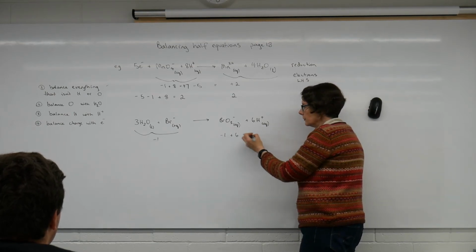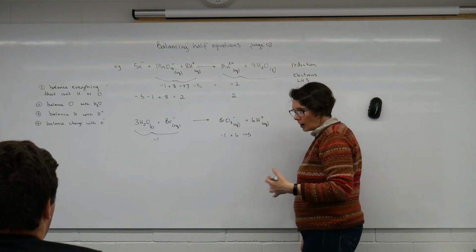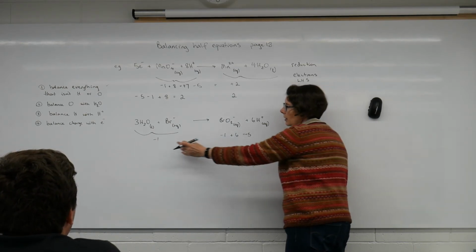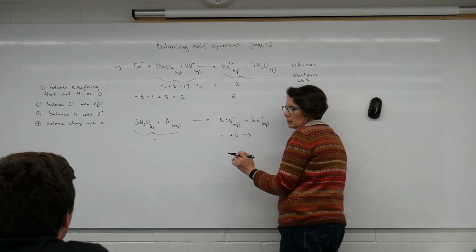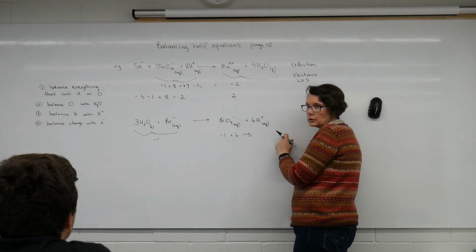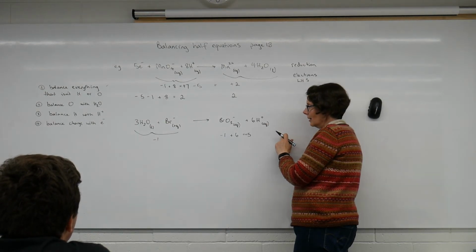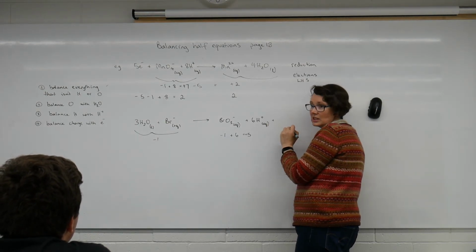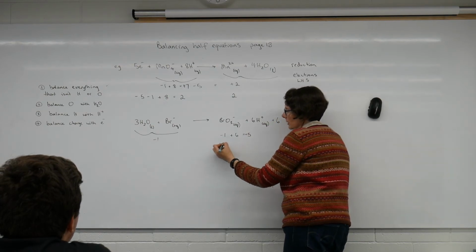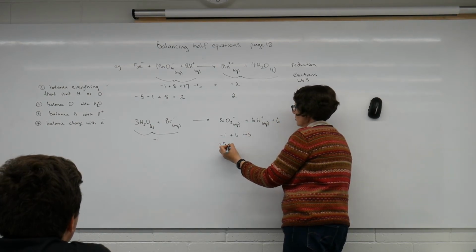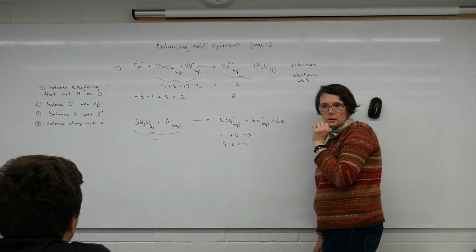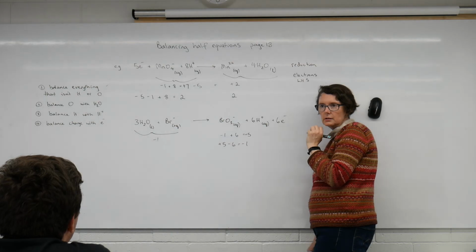So that's a positive 5. And remember, the only thing I can balance with is electrons that are negative, and I need them both to equal the same. So I'm going to need to add the electrons to this side, and I'm going to need to add 6, aren't I? Because plus 5 minus 6 equals -1. Does that make sense?